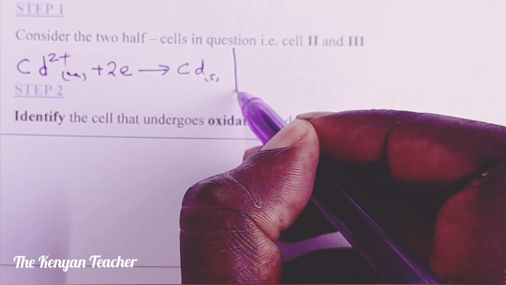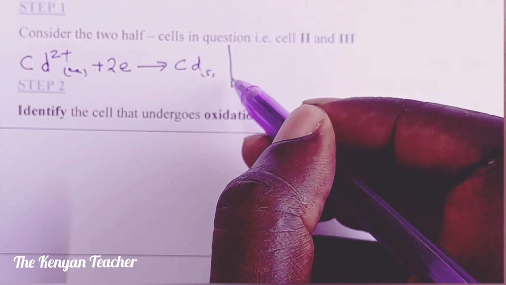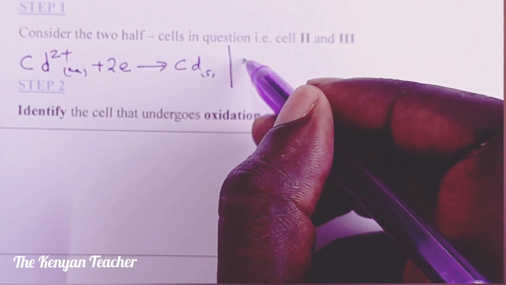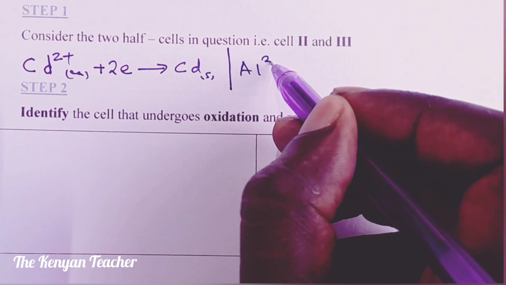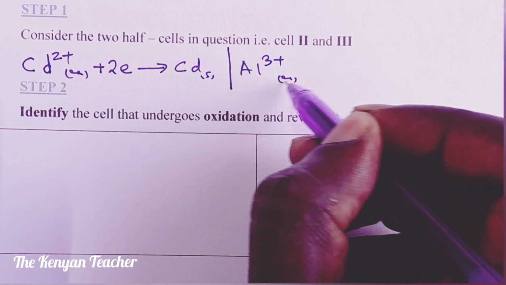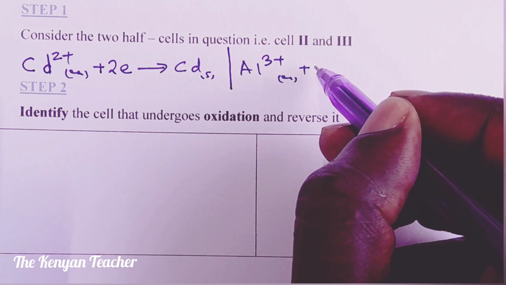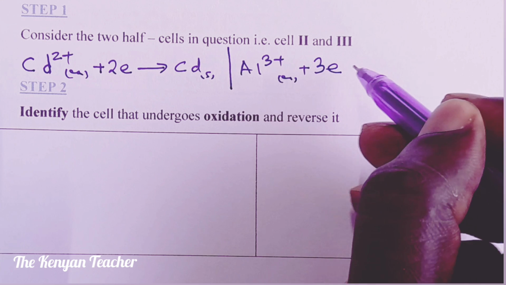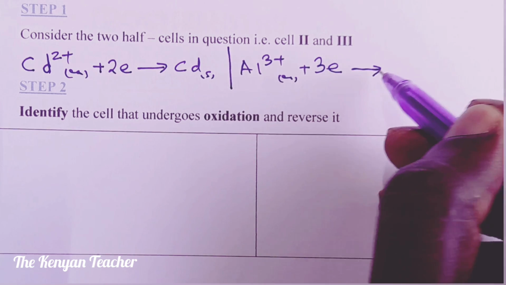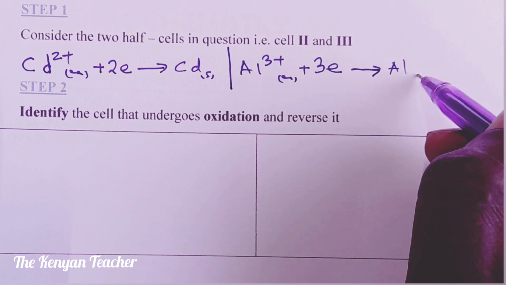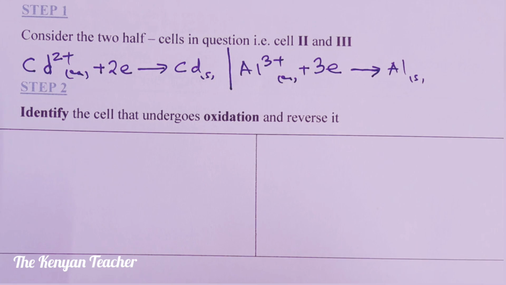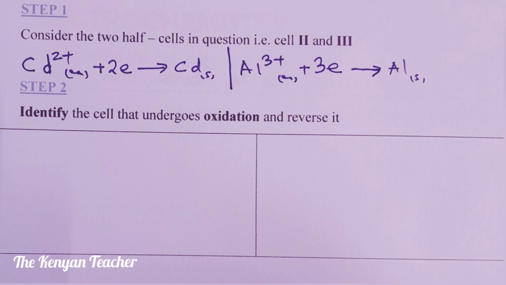Then, together with this, we have cell 3 that involves reduction of aluminum ions through acceptance of 3 moles of electrons to form aluminum solid. So these are going to be our two equations that we shall look at as we go through the procedure.